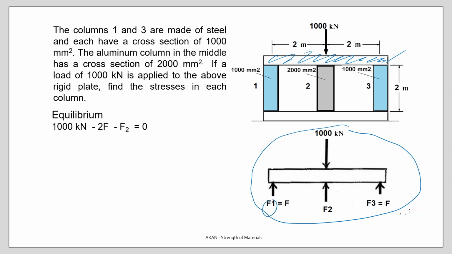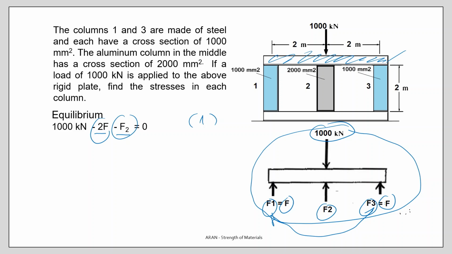So F1 plus F2 plus F3 should be equal to 1000, whereas due to the symmetry, F1 and F3 are at the same level, so we call them F. So the equilibrium equation is 1000 minus 2F minus F2 equals 0. Only one equation and two unknowns. So the second can be written with a compatibility relation.